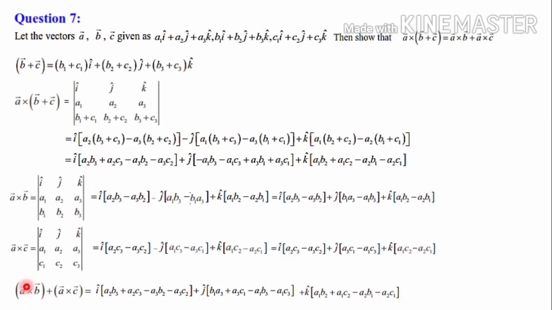And when you check a cross b plus a cross c and a cross b plus c, all are same elements. So we can write it as A cross (B plus C) is equal to A cross B plus A cross C. Hence, proved.